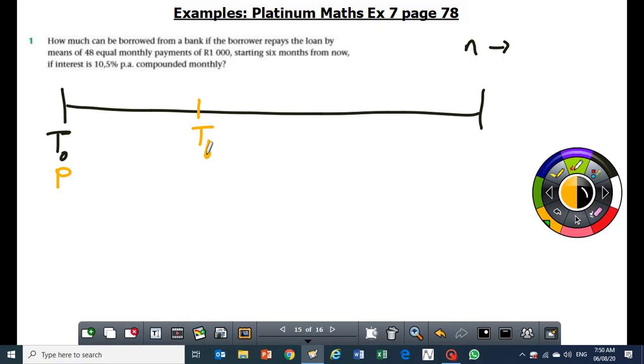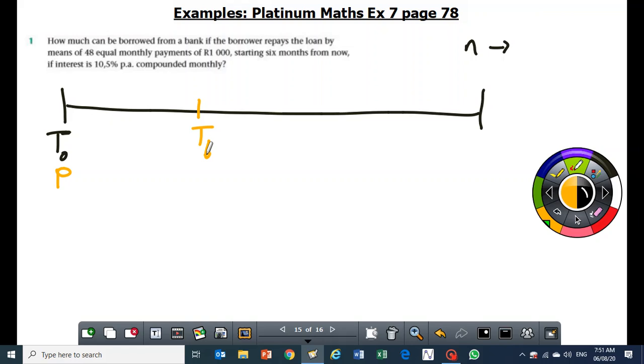The first payment is made at T6, because the person says starting 6 months from now. 6 months from where? From T naught, because T naught is the day when the person goes to the bank to borrow the money. That's where T naught is.